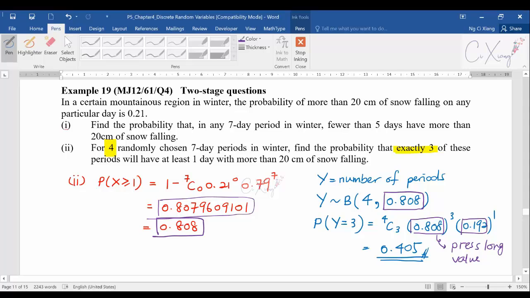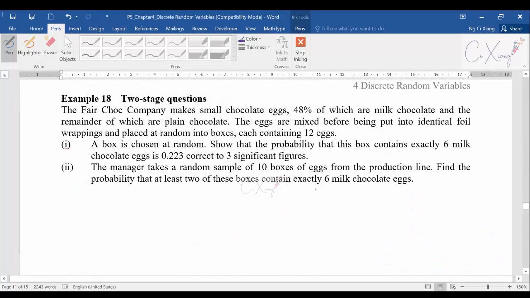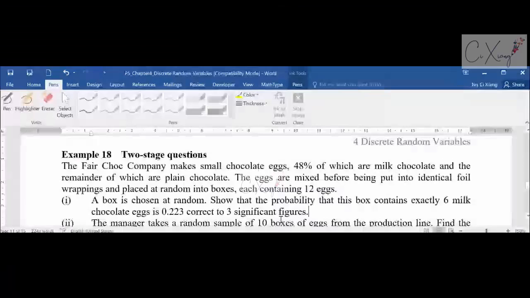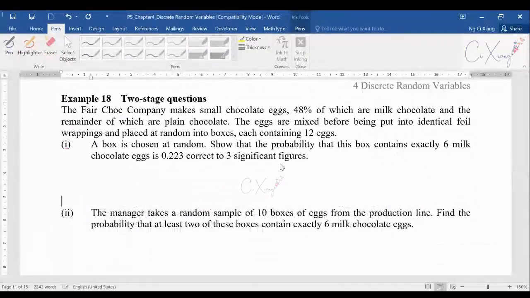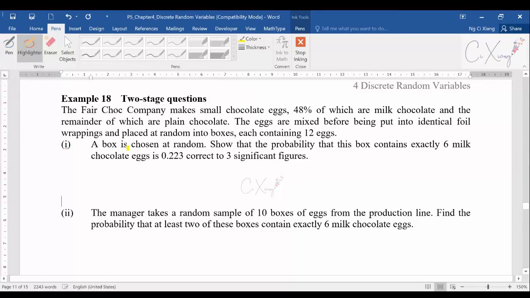So just go and have a look back at example 18. As I mentioned just now, I will leave it for you to try out on your own, but let's have a very quick discussion on this. For example 18, if you look at the question, they said a box is chosen at random. Show that the probability that this box contains exactly 6 milk chocolate eggs is this one.